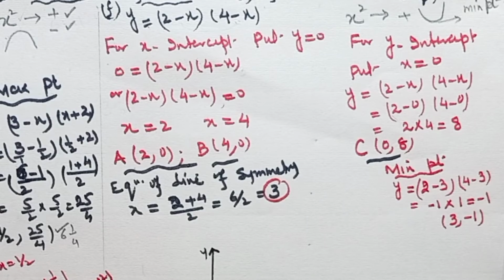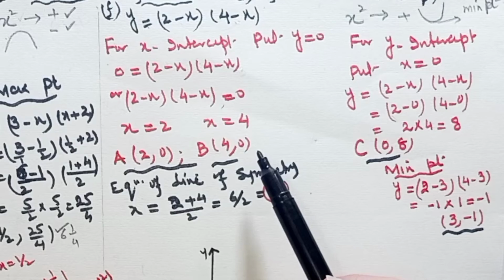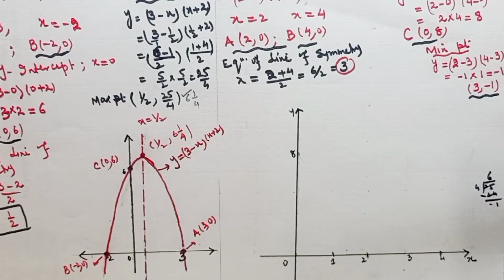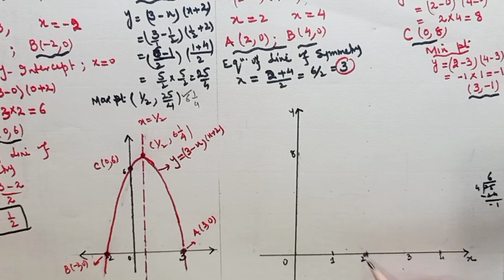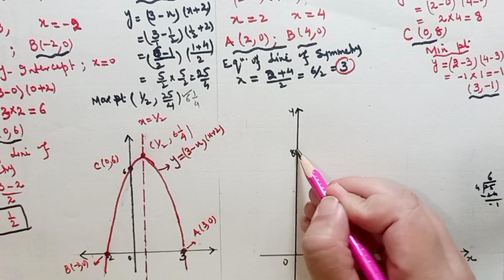Now we are at step 6, which says to sketch the graph, and for sketching we have to mark all these points on the given axis. So A is (2, 0), so the point will be coming at this place. Point B is (4, 0), so the point will be coming over here, and then point C is (0, 8).